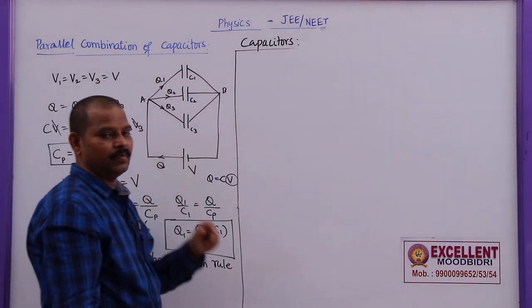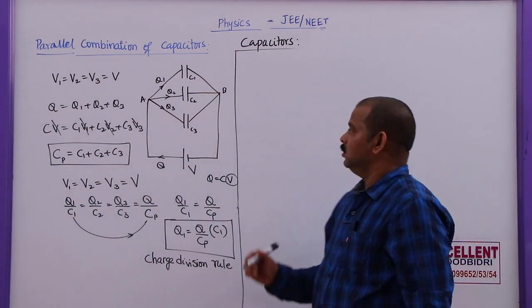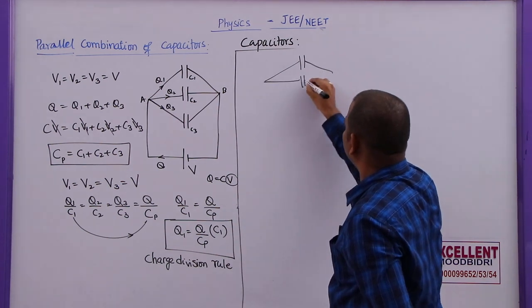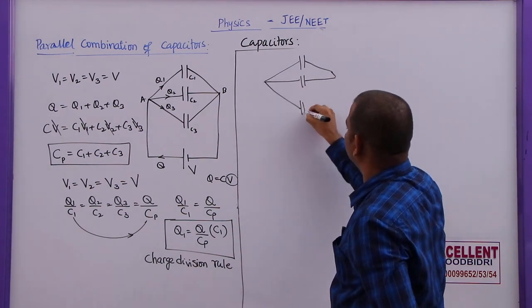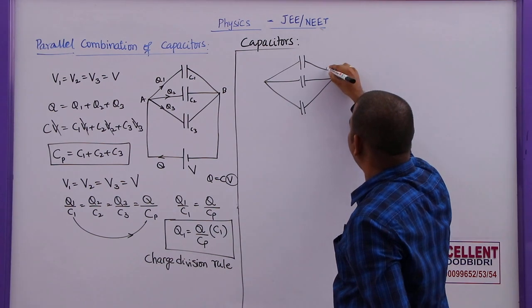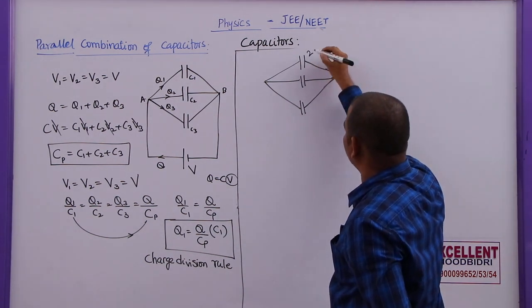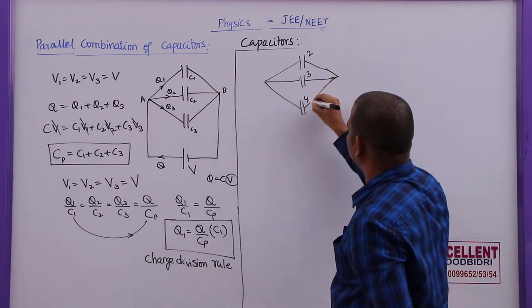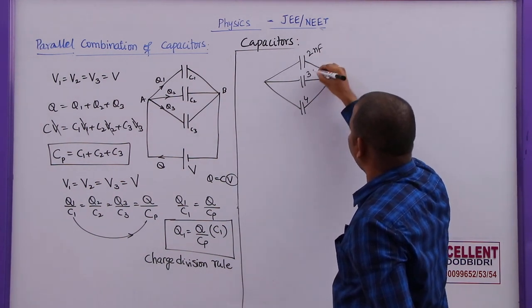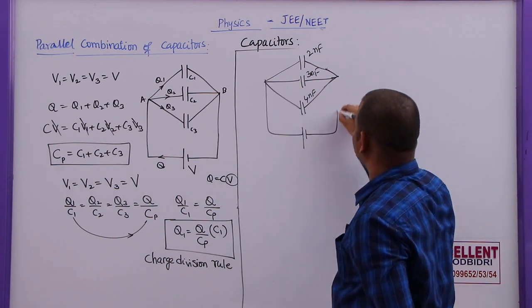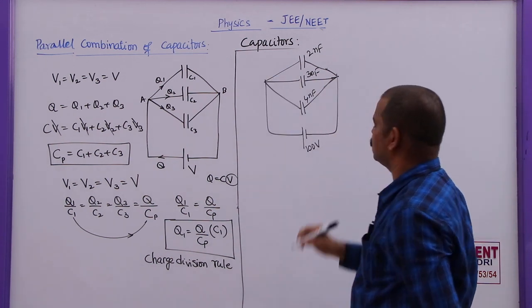Now, let me solve one problem based on this. I have taken 3 capacitors. This capacitance is 2, this is 3, this is 4, let us say nanofarads, and this combination is connected to, let us say, 100 volts.